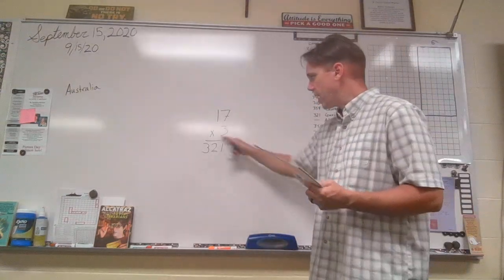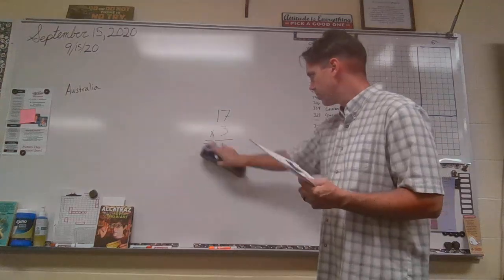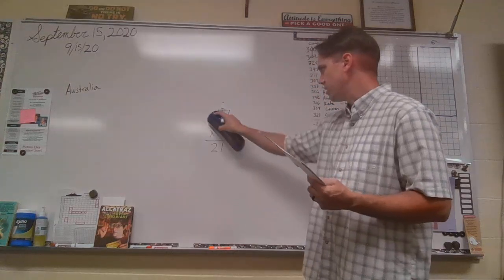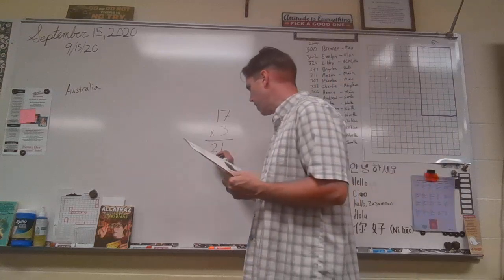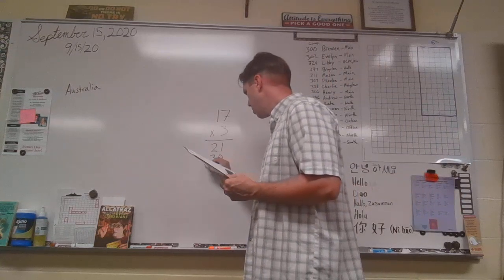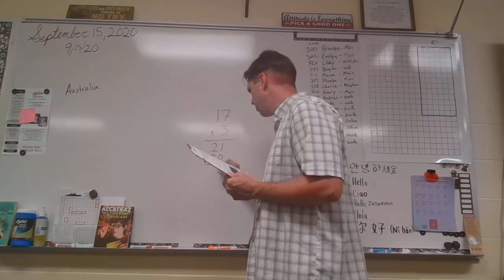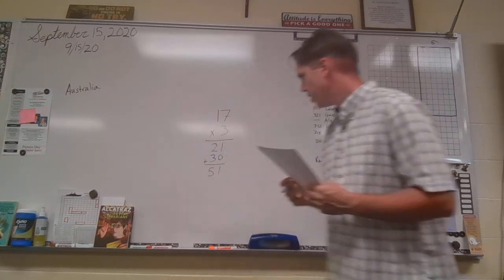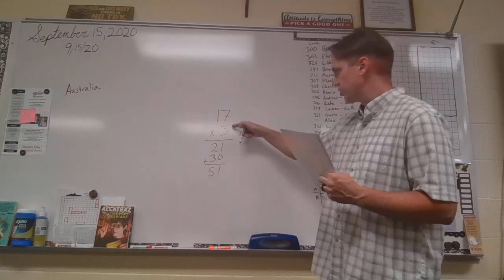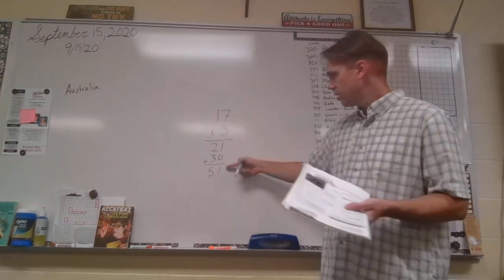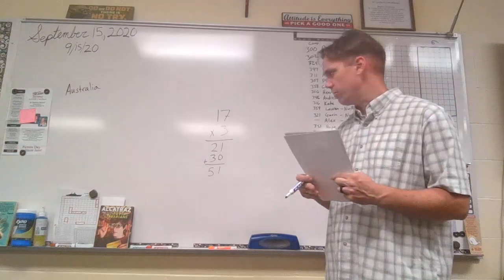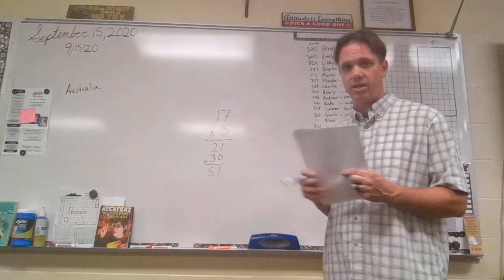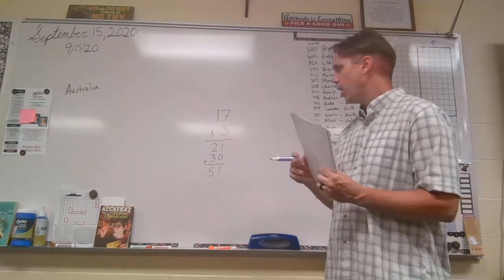So that looks off. And it is, because 3 times 10 is not 300, it's just 30. So we could write it down here like this, and then add them, 51. That makes a lot more sense because 3 times 20 is 60. 3 times 17, 51 is kind of close to 60, so it makes sense that 51 would be an answer.